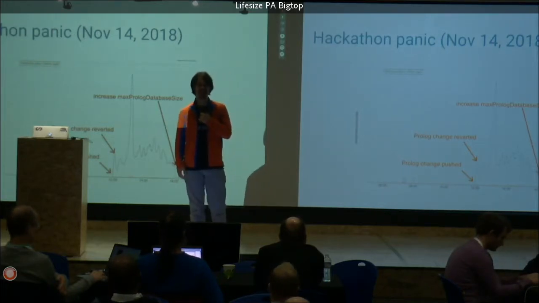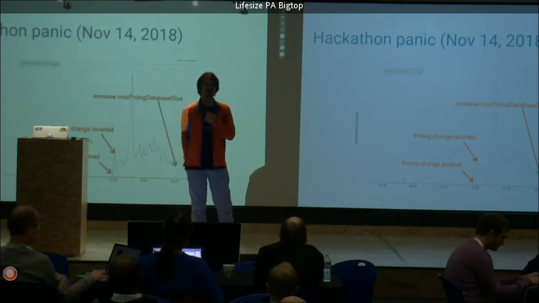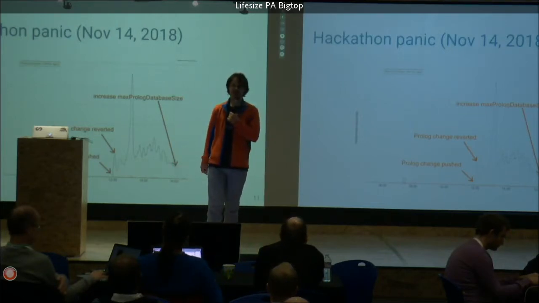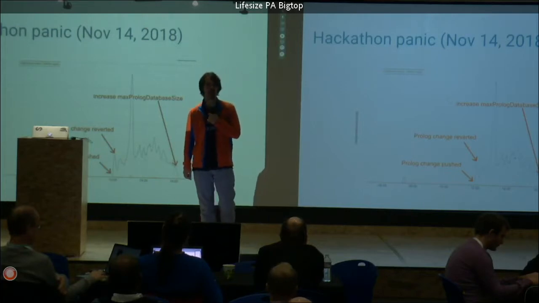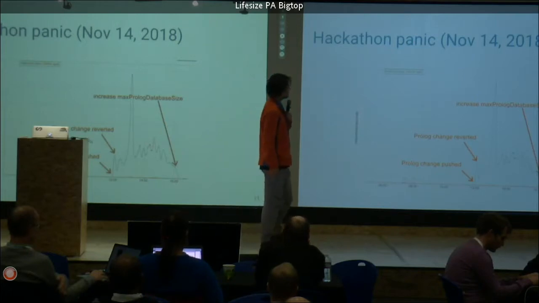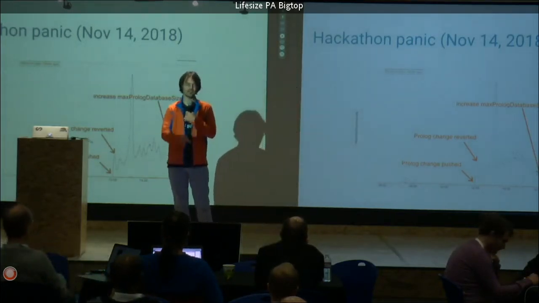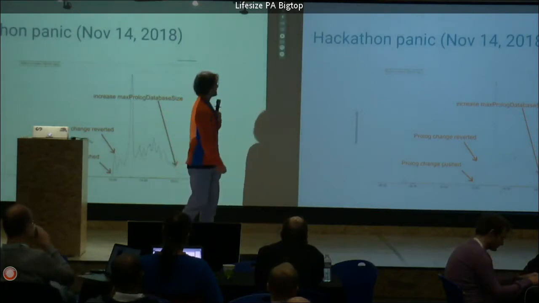Someone took a quick look at the logs of our server and said, oh, it says something with Prolog. Did you change anything about your Prolog rules? Because it's probably you broke something. And they said, okay, yeah, we did. And so they reverted. A couple of minutes after the errors started appearing, they reverted it.